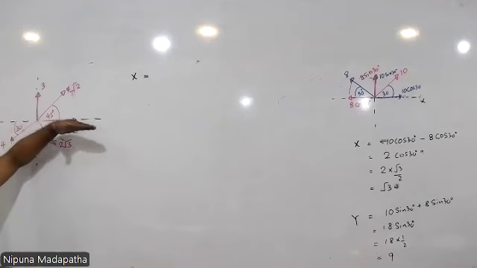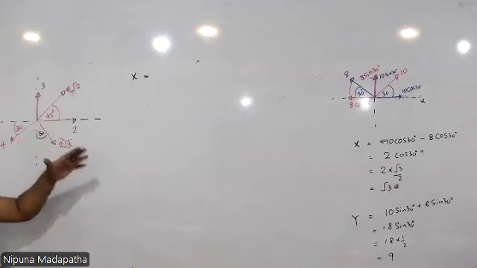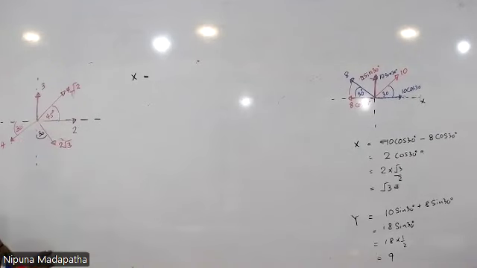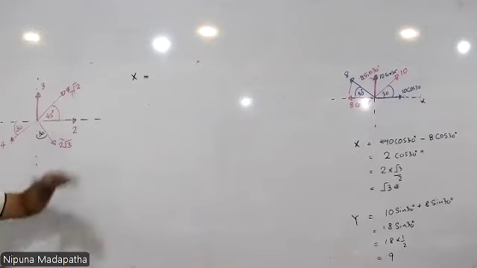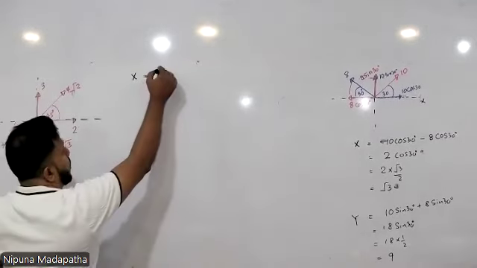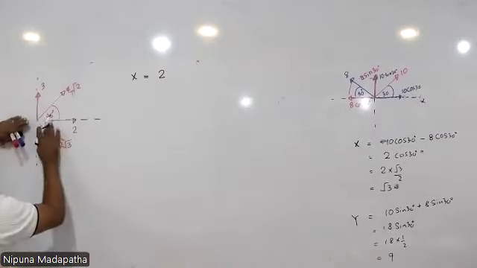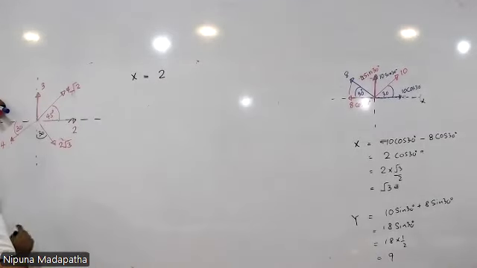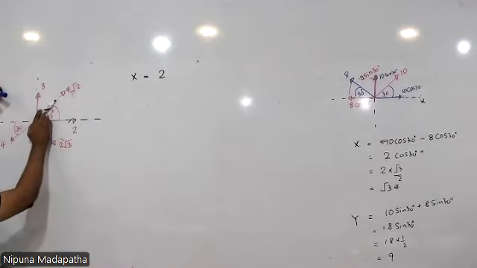The component is equal to the vector, since it is along the positive x direction, the full vector is the component. So it is 2 plus 2. That's okay, they have x component. Then come to this one.